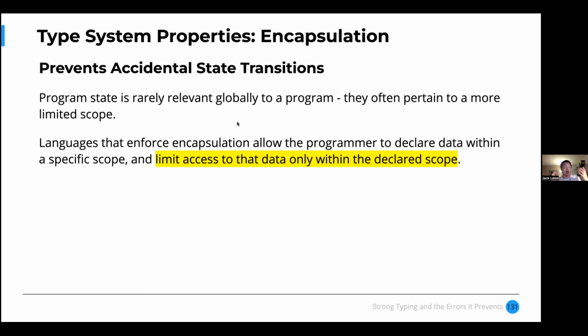So the idea of encapsulation is that program state is rarely relevant globally to a program. So it usually applies only to a limited scope, like to a specific object or module. And so a language that enforces encapsulation basically allows the programmers to declare that this variable should only be relevant to a specific scope, and it can be done by keywords like private, protected, internal.